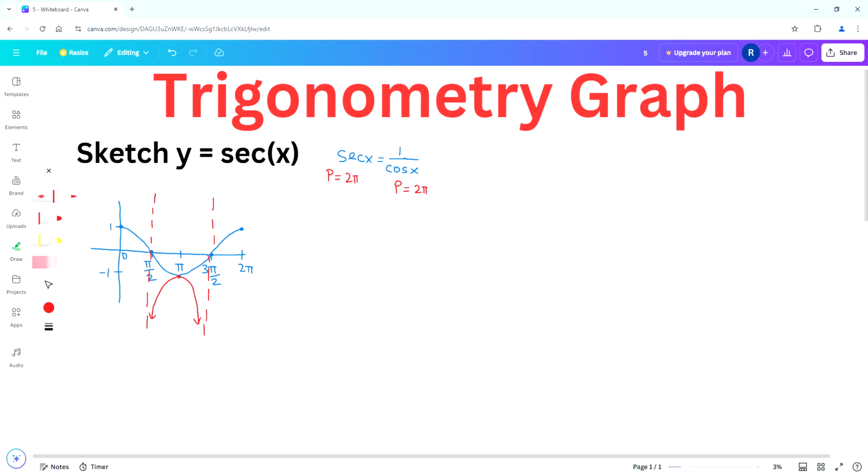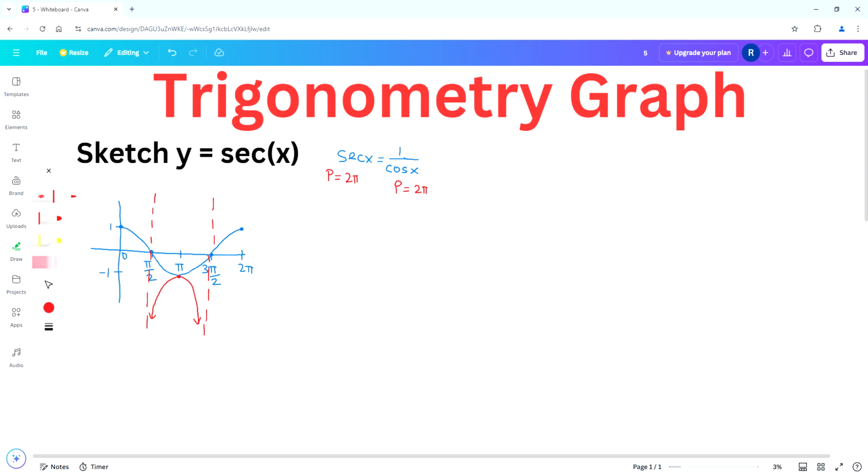On the left and the right side, the curve goes down along the vertical asymptotes but doesn't touch them. So this is the curve between the vertical asymptotes at pi over 2 and 3 pi over 2. Now we can show the curve from 0 to pi over 2.